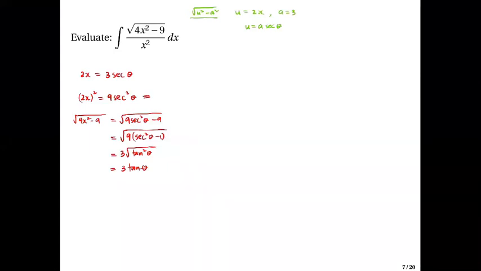From here, we have 4x squared equals 9 secant squared theta. And this means that x squared is 9 over 4 secant squared theta.